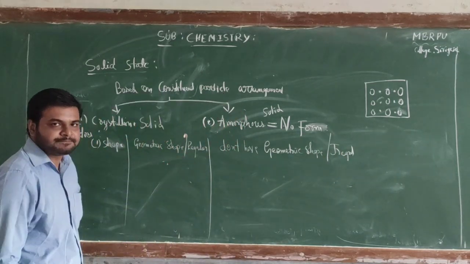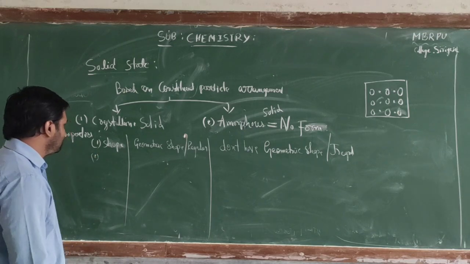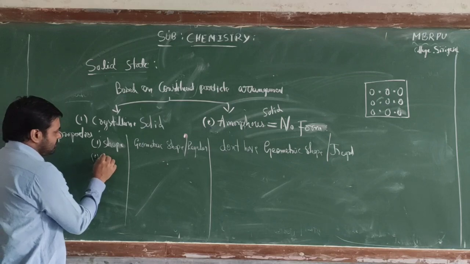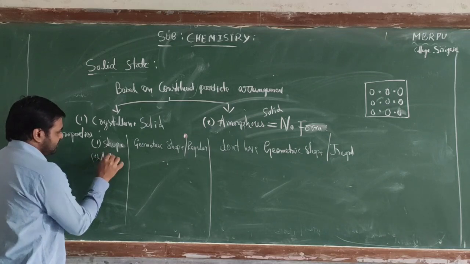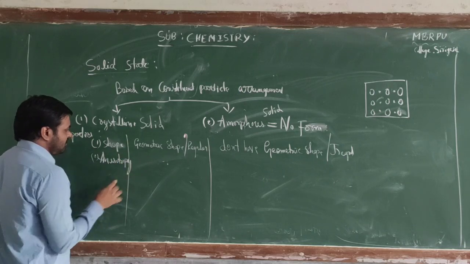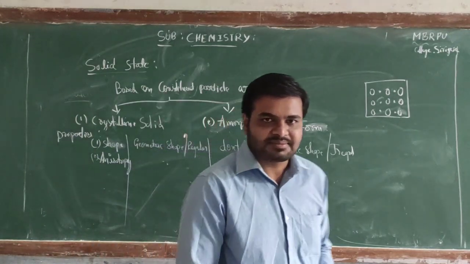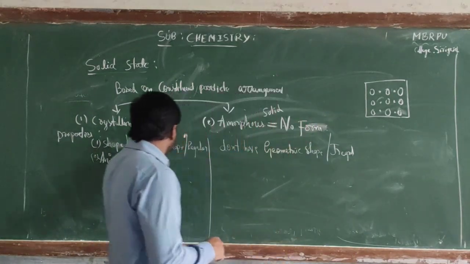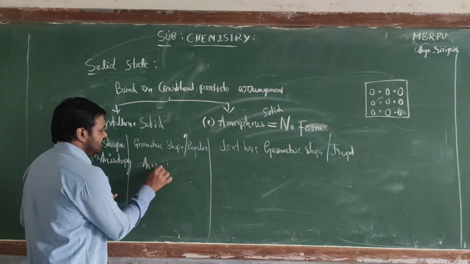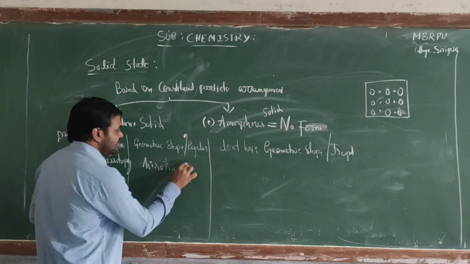So next point, the second is anisotropy. Anisotropy. Here, in the crystalline, there is anisotropic nature.